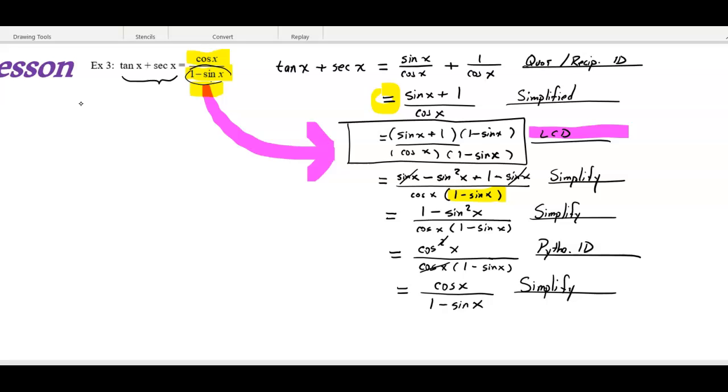You could write, really all we did here was multiply by 1, because 1 minus sine of x over 1 minus sine of x is 1. When you take an expression and you multiply by 1, it doesn't change the expression. So I know a lot of these reasons are just kind of hand waves, but this is forcing you to slow down, justify every step.